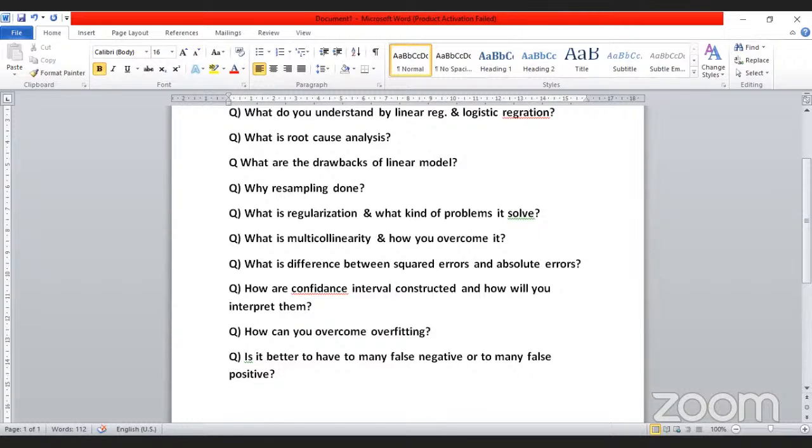So that person may be relaxed, he will not do another test, and after some days he will find out this is the last stage of cancer. At that time we hadn't found it, so it will cost more, right? In that scenario, it is much more important to identify and remove false negatives, right?